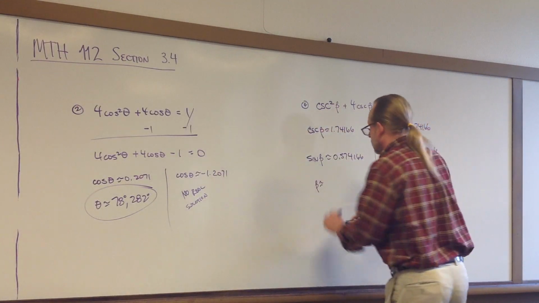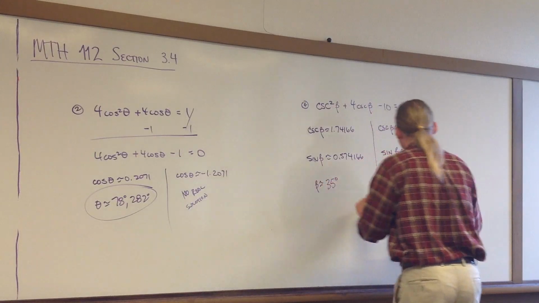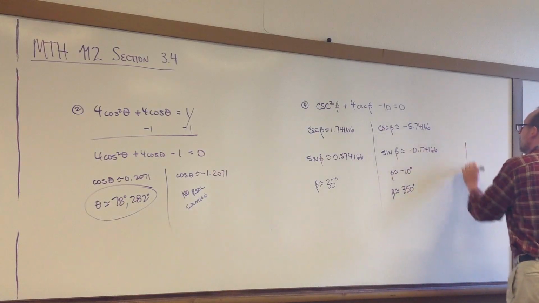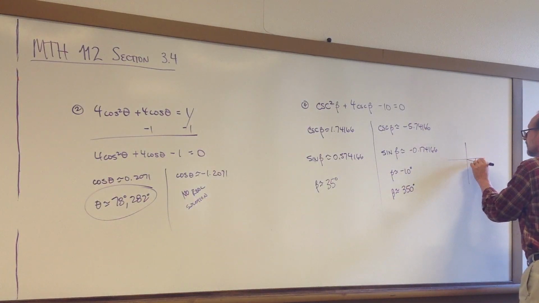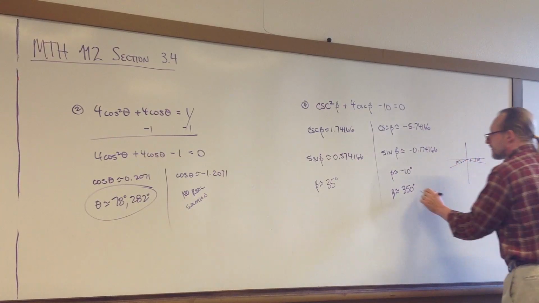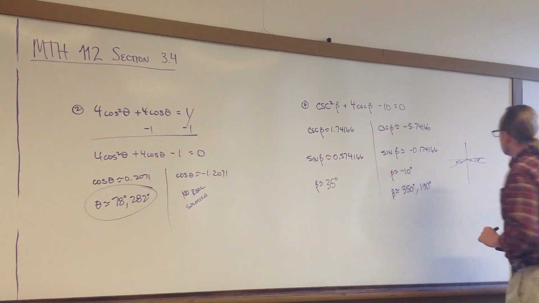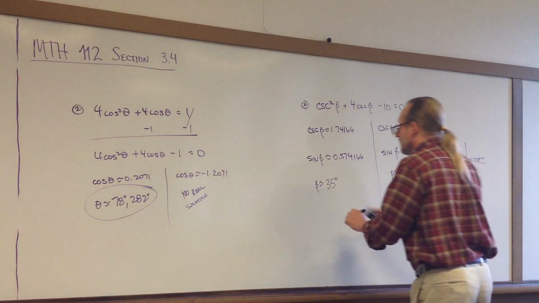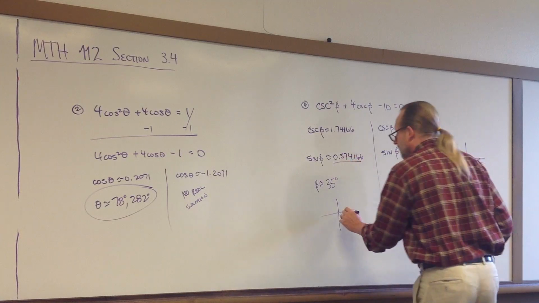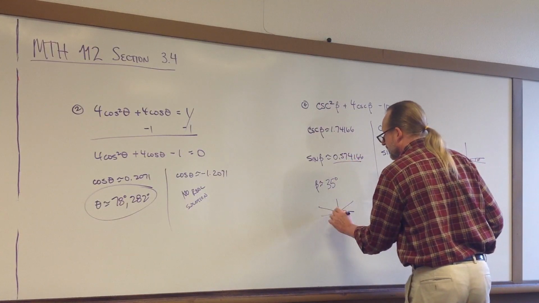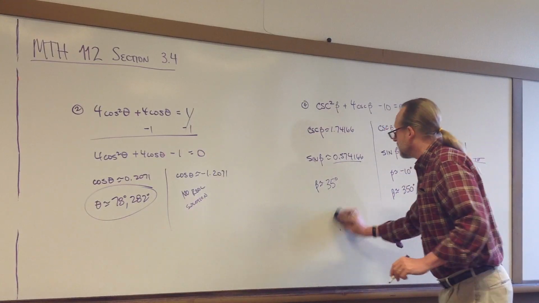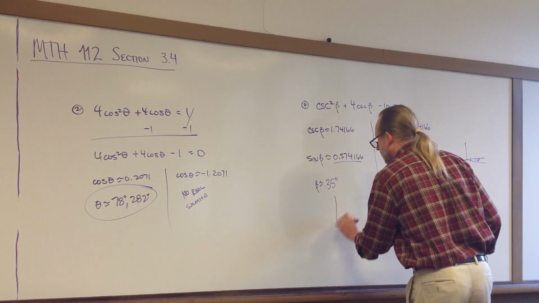So in the fourth quadrant, and also in the third quadrant, we'll have a 10-degree reference angle, so that'll be 190 degrees. Over here, we've got a sine with a positive value, so that's going to be 35 degrees in the first quadrant. And the sine is also positive in the second quadrant.